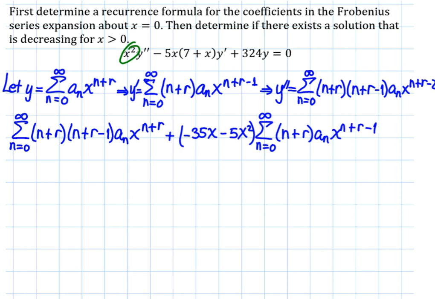And then plus 324 times the function. Just keep it outside for now. n equal to 0 to infinity, a sub n, x to the n plus r.